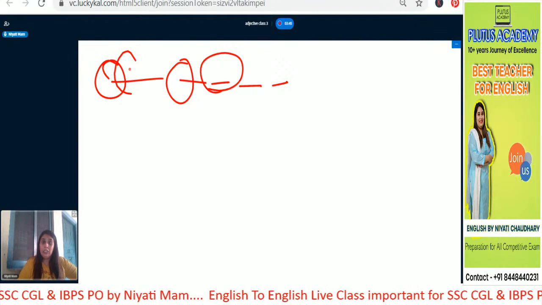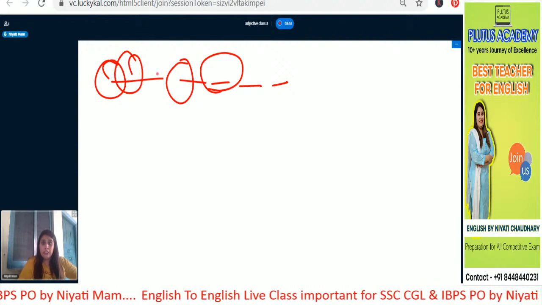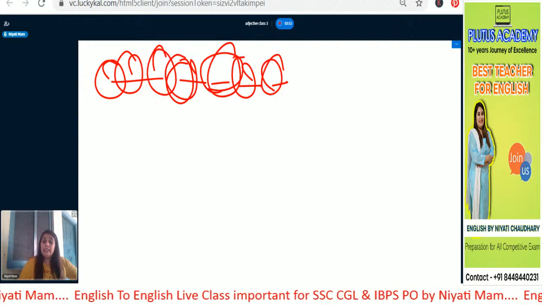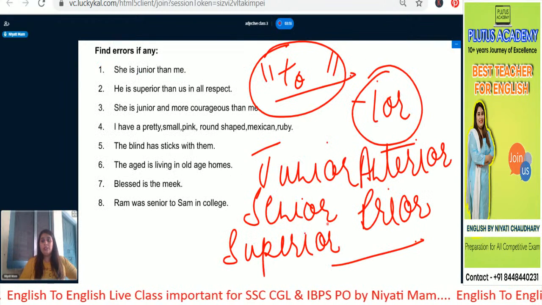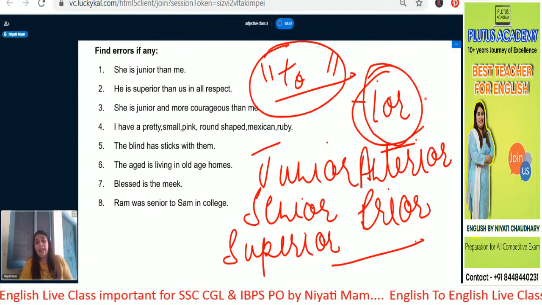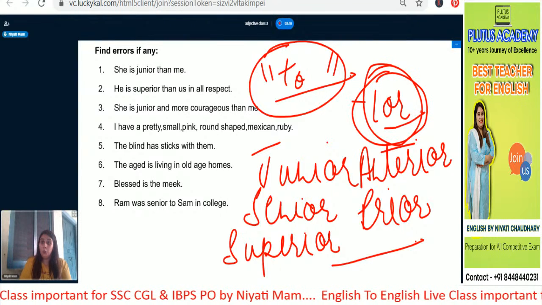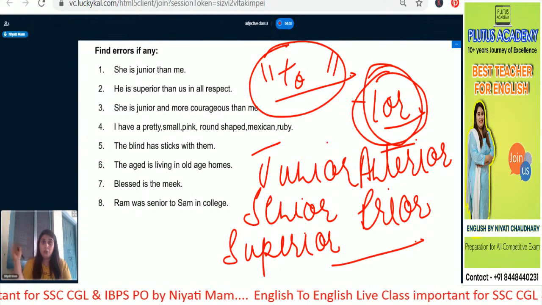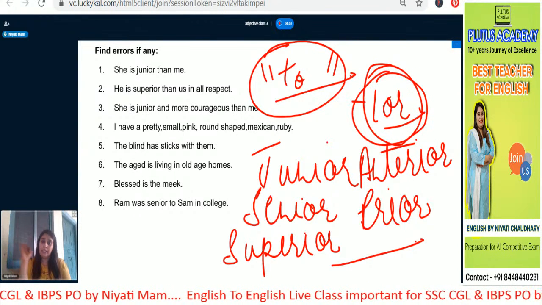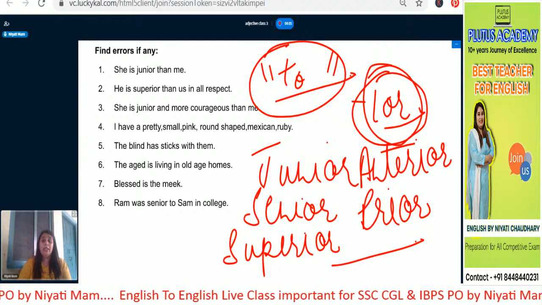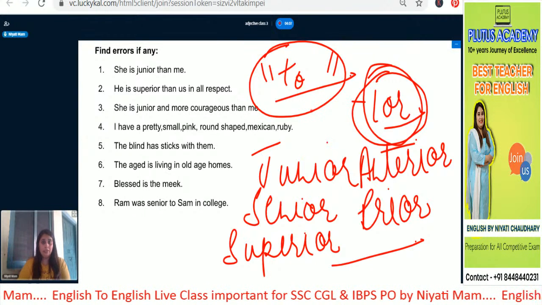Superior, inferior, prior, anterior, posterior, junior, and senior. You just need to understand one thing, that all the words end with IOR. So these adjectives do not take the preposition than with them, and instead they take the preposition to with them, right?